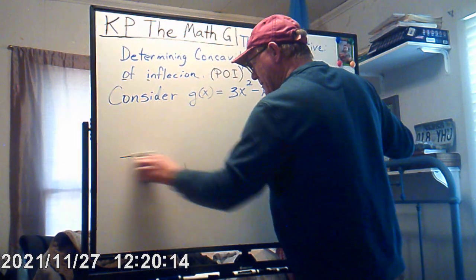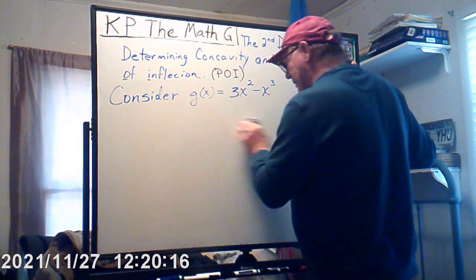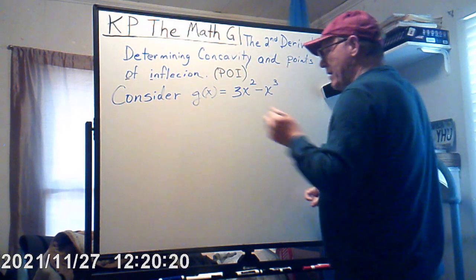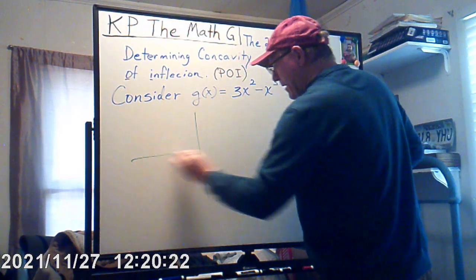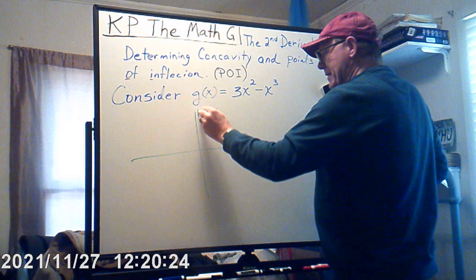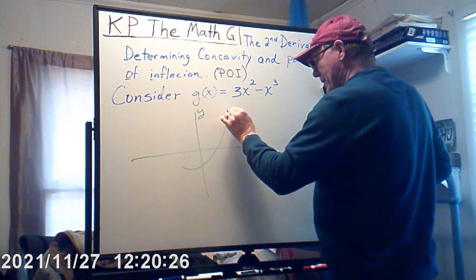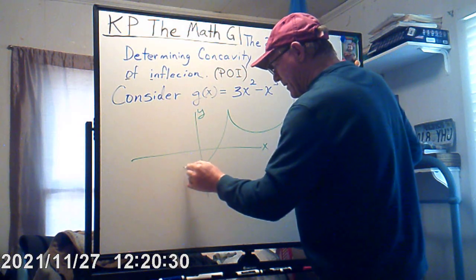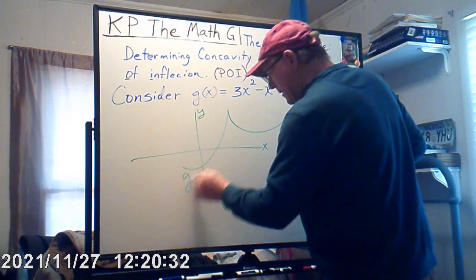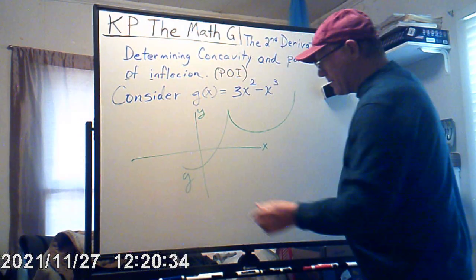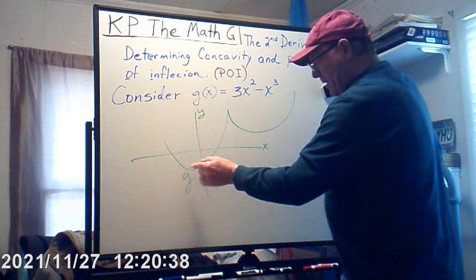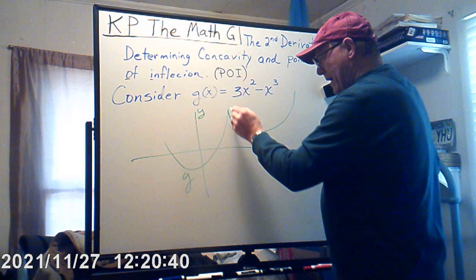Okay, so let me give you an illustration of one that does not have a point of inflection, and then we'll get into our lesson here. Something like this does not have a point of inflection. We'll call this G. If you notice with this function here, you have something that is concave up.